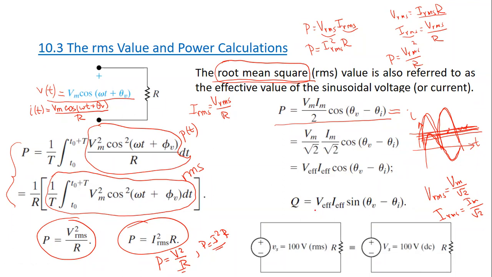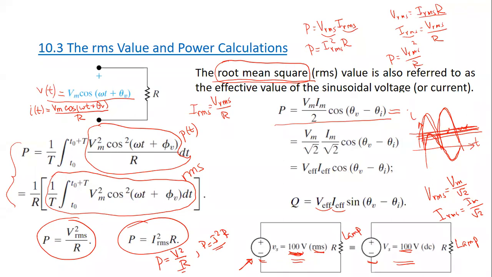What is the physical meaning of the effective value? Here we have a DC circuit, and here an AC circuit. If you have a lamp here, it will give a certain amount of light. To get the same amount of light by replacing the DC source with an AC source, the AC source must have the same value as the DC source, but this value is the RMS value.